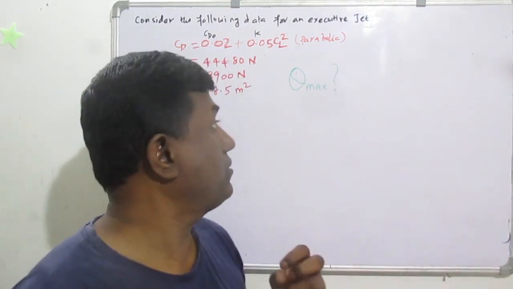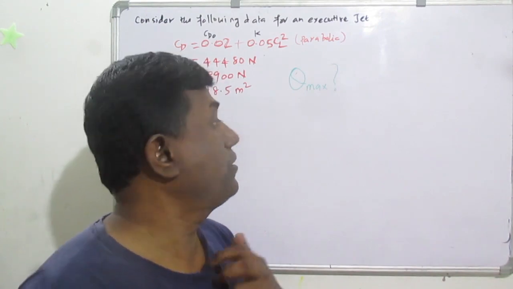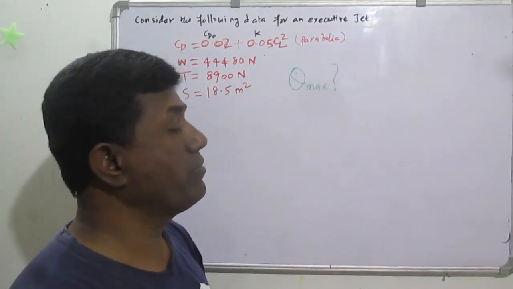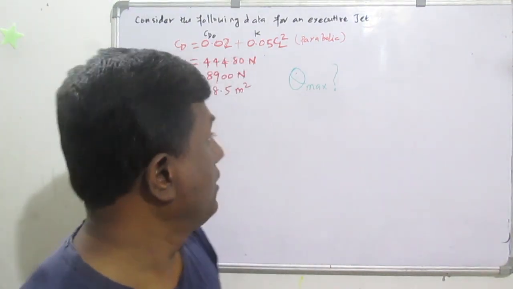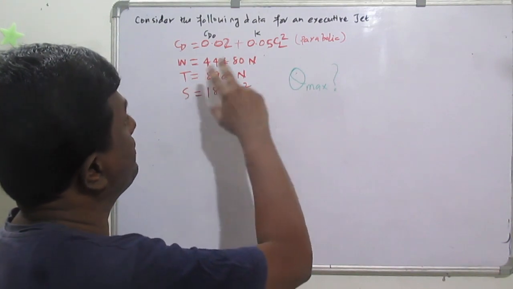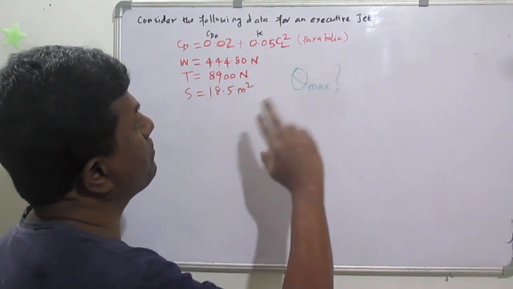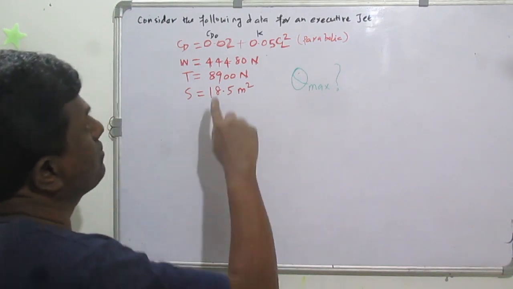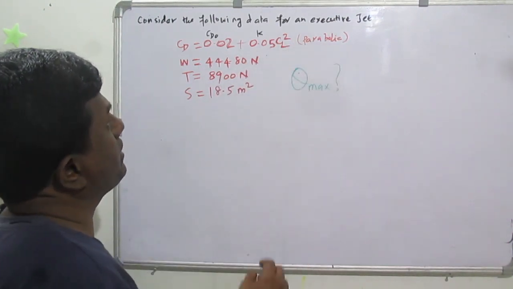So in this lesson, let us find the value of the maximum angle of climb. For this, the same data we used in the previous problem, we are taking. We are just considering the executive jet.